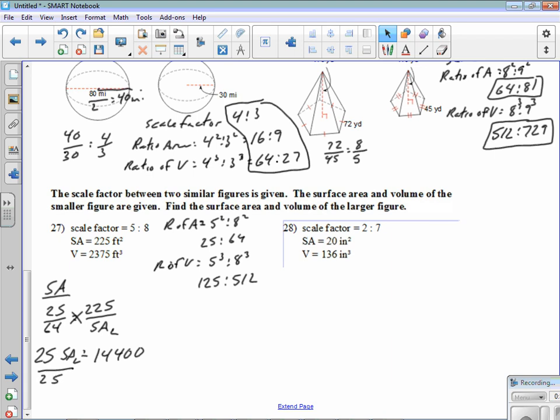And divide by 25. So surface area of the larger figure is going to be 576 feet squared.